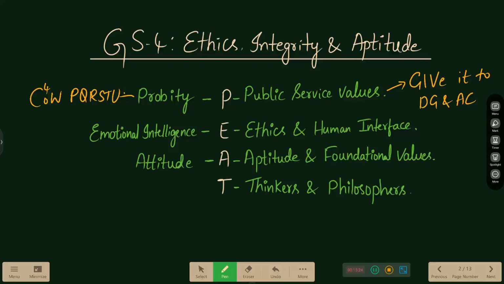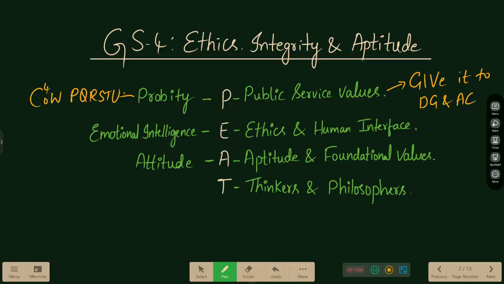In the first chapter, Ethics and Human Interface, you need to know the concept of ethics, morals, values, the relation and difference, source of ethics, consequences of ethics, types of ethics, approaches to ethics, then the role of ethics in public and private relations, then human values, the role played by parents and society in inculcating human values, and the lessons we need to learn from the teachings of great personalities.